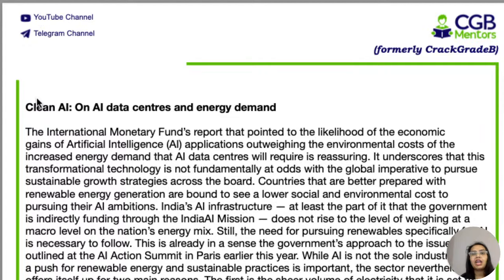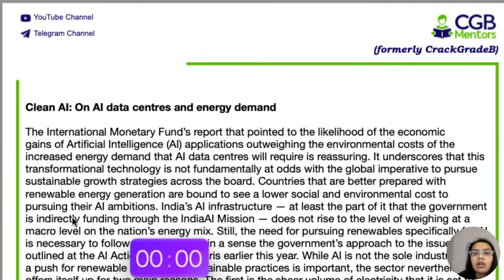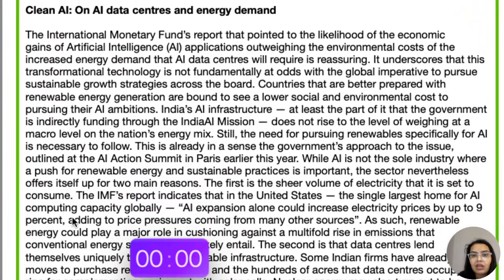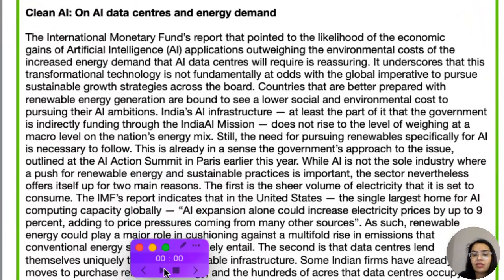अभी मैं आपके सामने टाइमर दूंगी. You start reading. 2.5 minutes का टाइमर होगा. I'll scroll for you as well. So ये आज का editorial है. It is taken from The Hindu. Please start reading and then I'll explain.